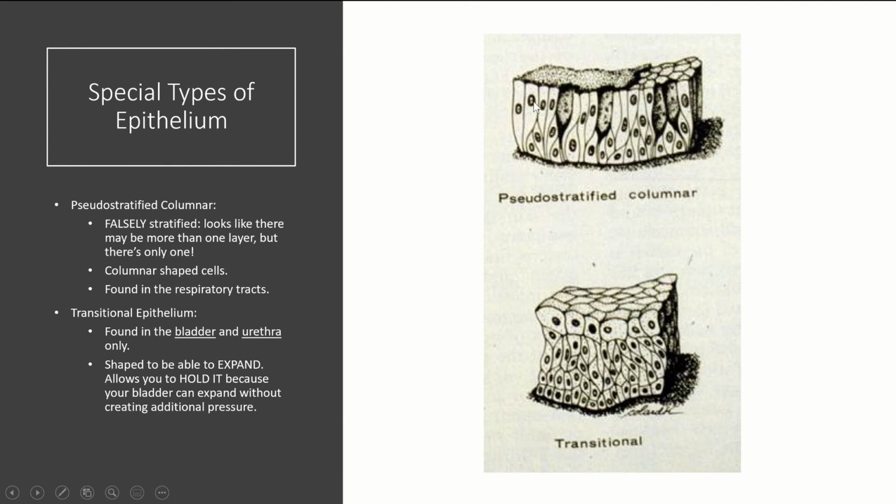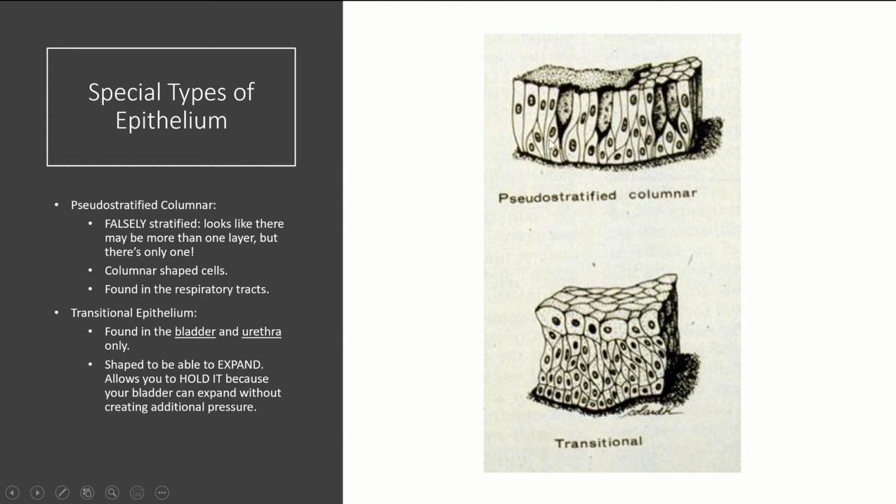Okay, so if you trace every cell that's at the top here down to the base, it actually touches the base every single time. Sometimes it's just really hard to see it. Not every cell that's on the base touches the top, but every cell at the top and all throughout here will touch the base. So it looks like there's more than one layer, but there is not.